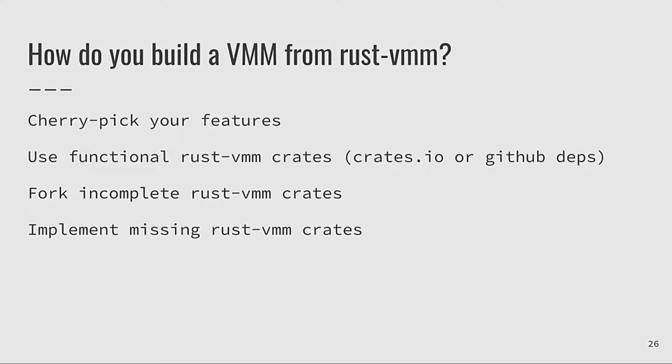And finally, Rust VMM is missing some crates for what you're trying to do. And you will have to implement those missing Rust VMM crates yourself and hopefully contribute them back to Rust VMM. And last but not least, you're going to glue all those crates together into the mysterious VMM glue code.